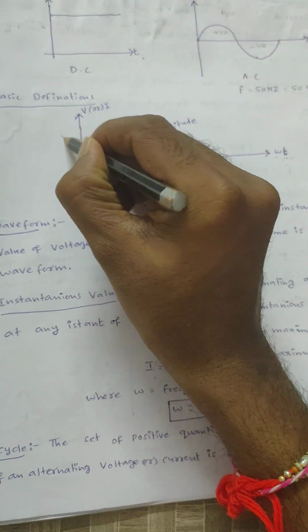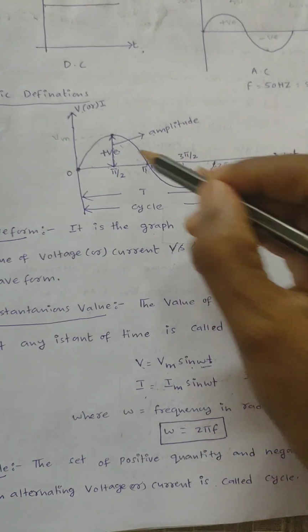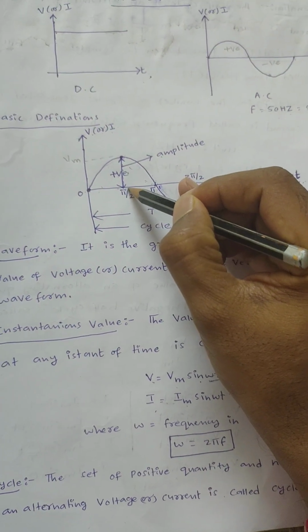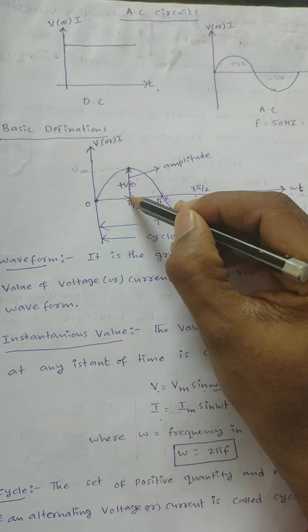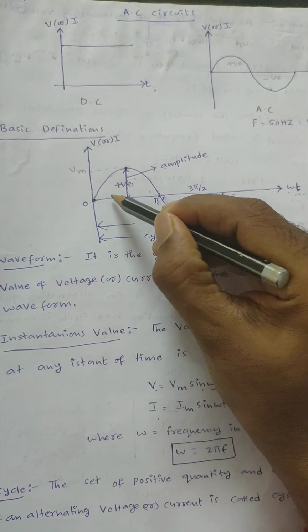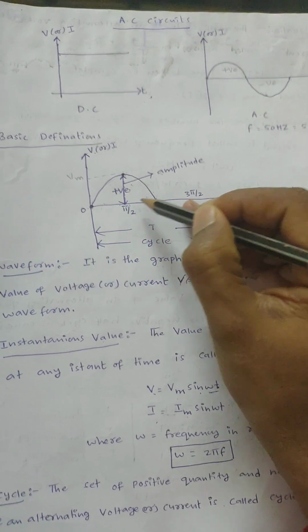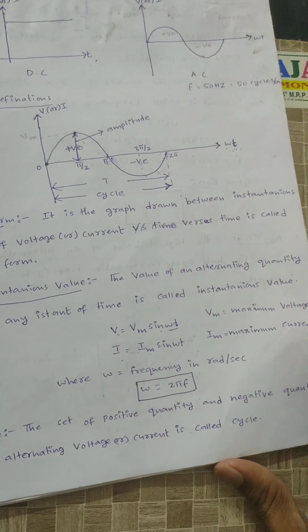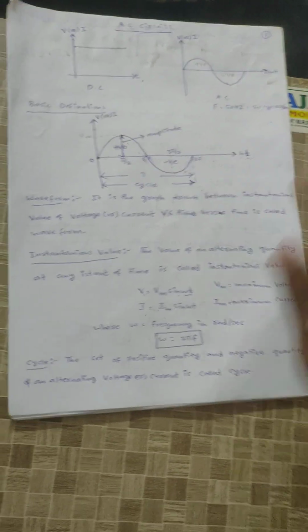This is the maximum value. That means we can calculate the value of an alternating quantity at any instant of time. That is the instantaneous value of voltage or current.